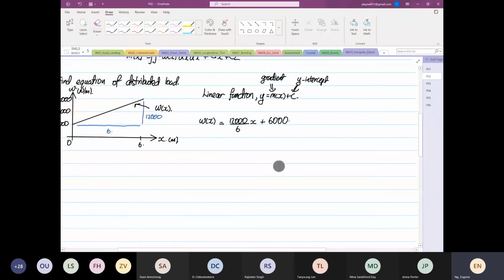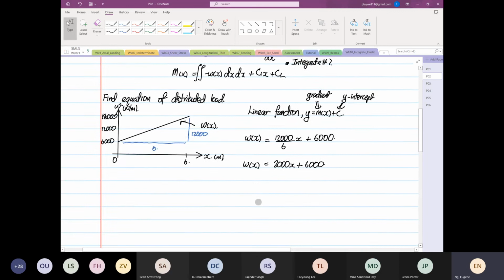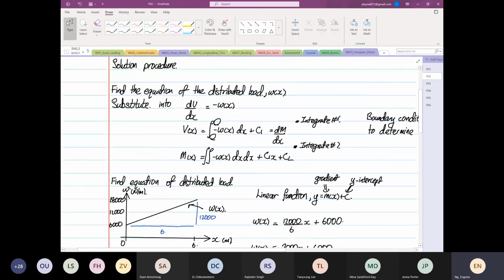So from here, you have omega as a function of x equal to 2,000x plus 6,000. So we have done the first part already, right? We have completed this.